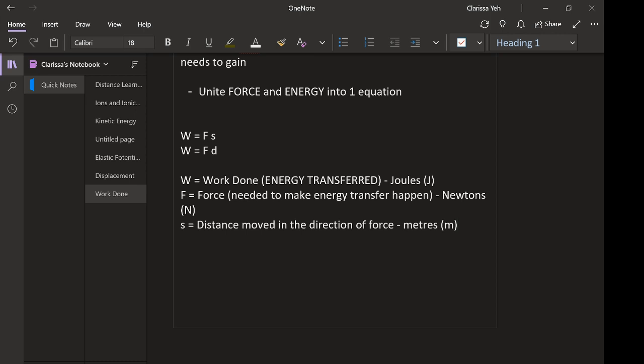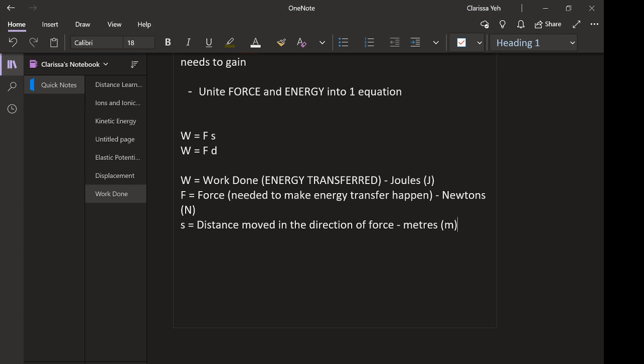That's the reason why we use S instead of D, because D for distance is just pretty much how far did you move. But with S, it's a special distance. If you follow the year 10 forces and balance stream, S is pretty much displacement. S is how far you moved in that specific direction.